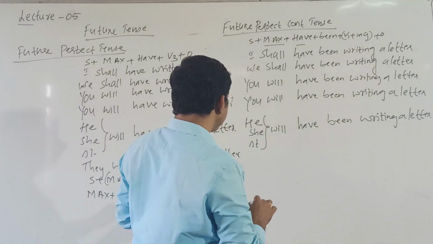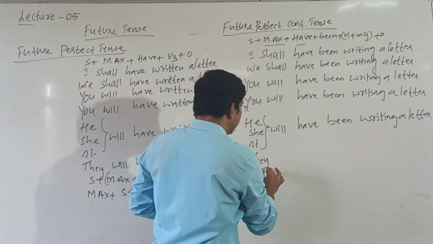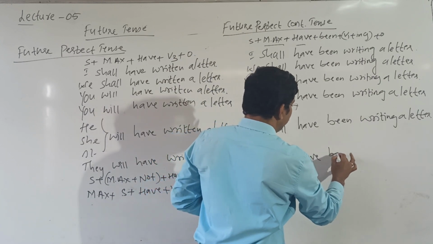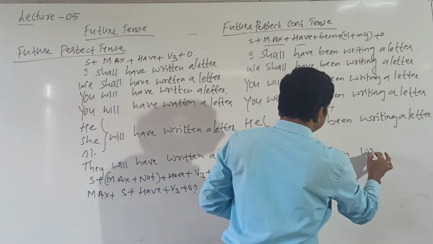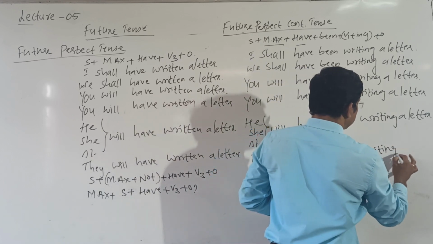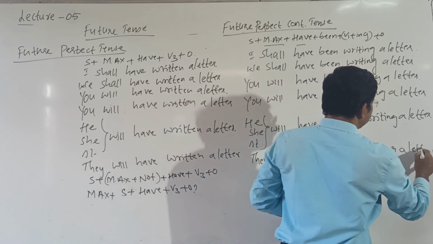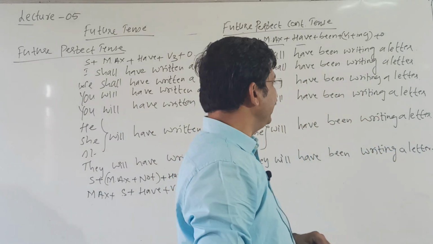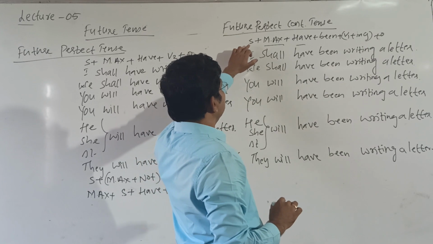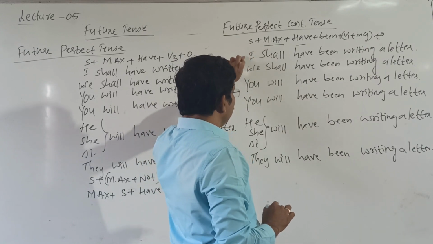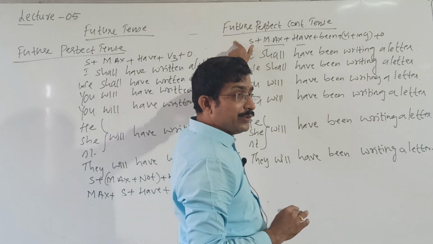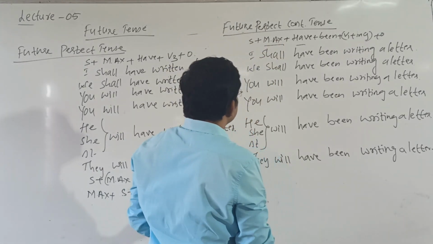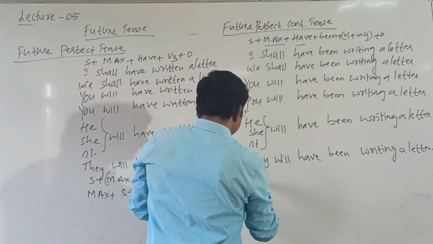Then they will have been writing a letter. Very simple examples that I have selected here. This is the structure. These are all the sentences related to future perfect continuous tense. Now what is its negative?